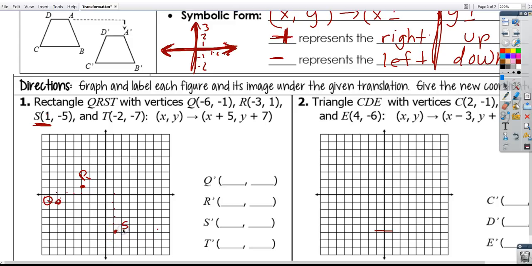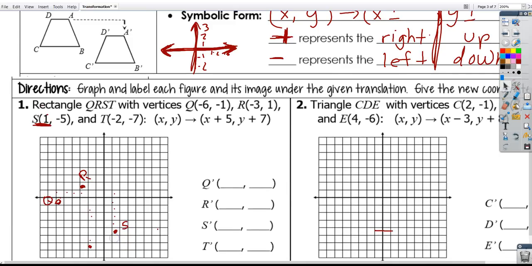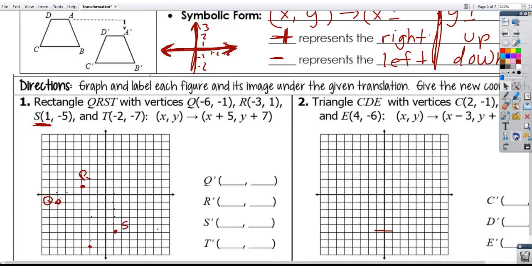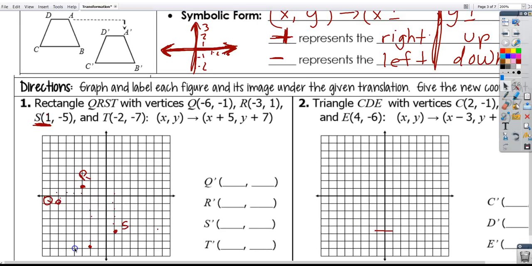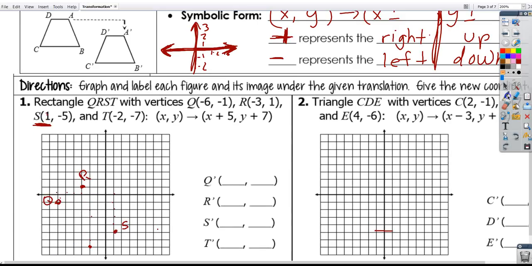Okay, there's our S, and our T is (-2, -7), so 1, 2, and down 1, 2, 3, 4, 5, 6, 7. Oh no, I'm going to hit the undo button. Alright, so that is my T. And I'm going to connect them. I know I did it right because I ended up with a rectangle. If I were you guys, I would use a ruler. It makes it look way better.